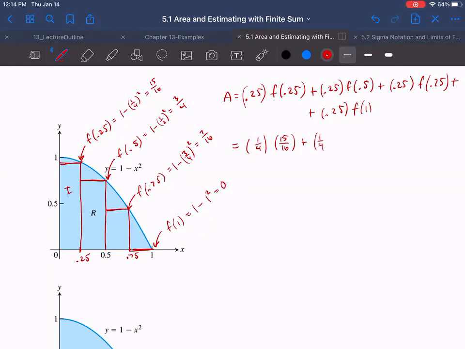This is 1/4 times 3/4. This is 1/4 times 7/16. And then this is 1/4 times 0 for that last one. And all we have to do now is multiply these together and start reducing.